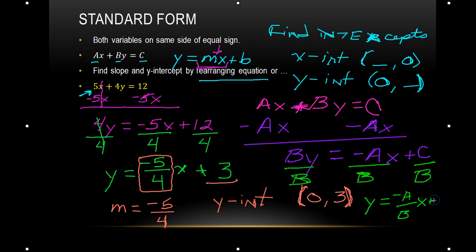So let's draw a conclusion from this. Our m value, the slope, is the opposite of your a value over b.